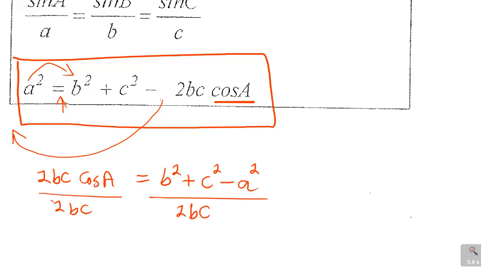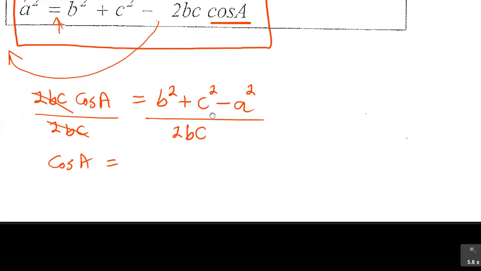You see that? So you'll have now your cos A being b squared plus c squared minus a squared over 2bc. This is what I need to use.